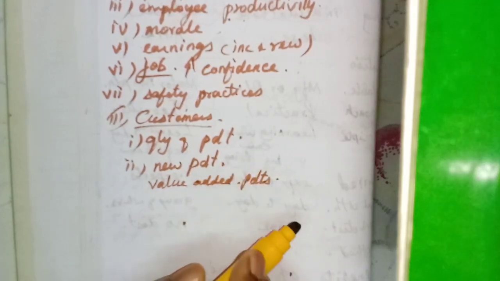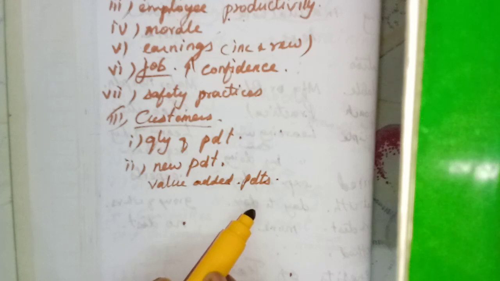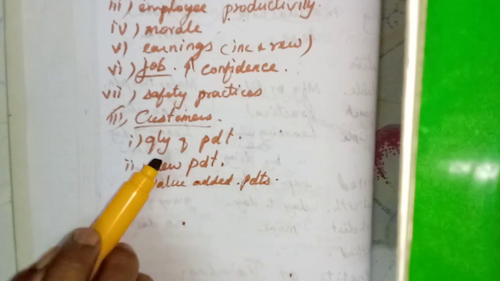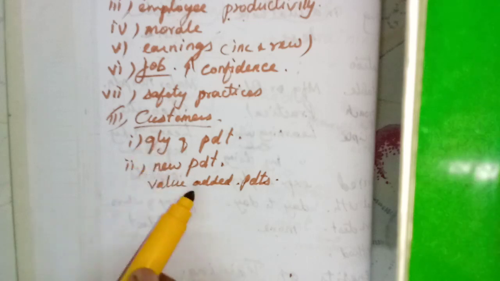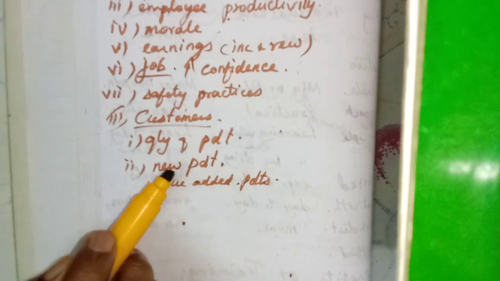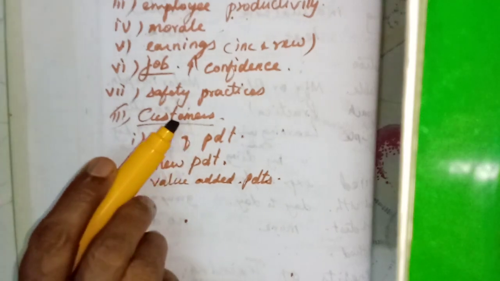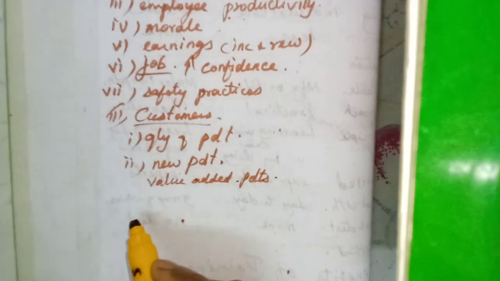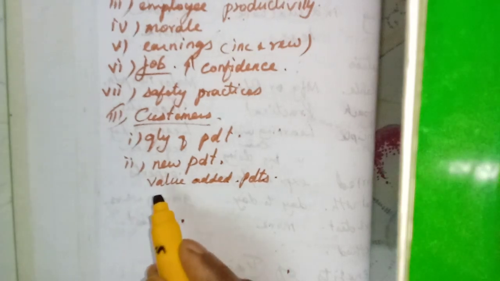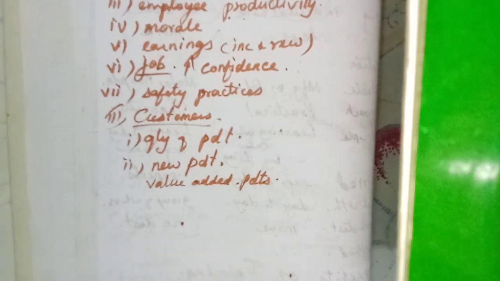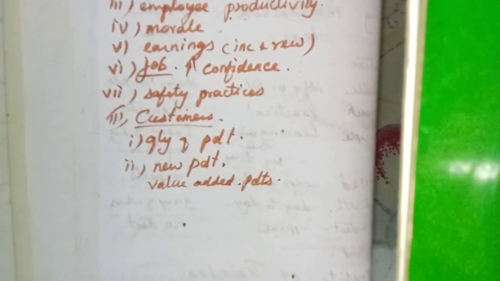Okay, new products will be produced because the new systems, new technologies are taught to the workers through their training. Okay, so whenever there is a new technology introduced by the organization, they provide training for their employees. Okay, so all these are the benefits to the organization, benefits to employees, and benefits to the customers.